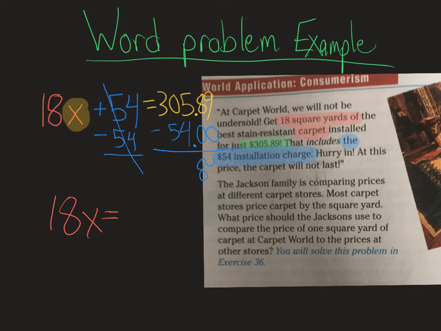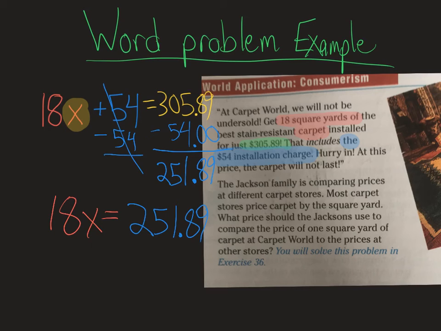So 89 minus 0, that's still just 89. 5 minus 4 is 1, and this last 30 minus 5, 25. Okay, so we got rid of the single one-time cost.